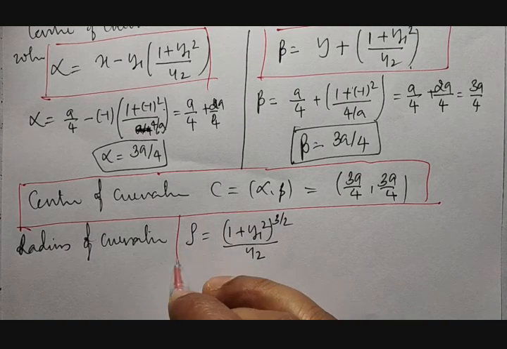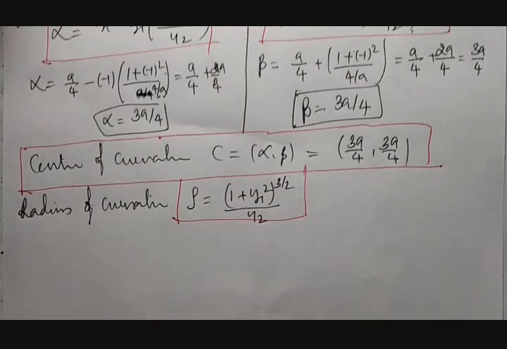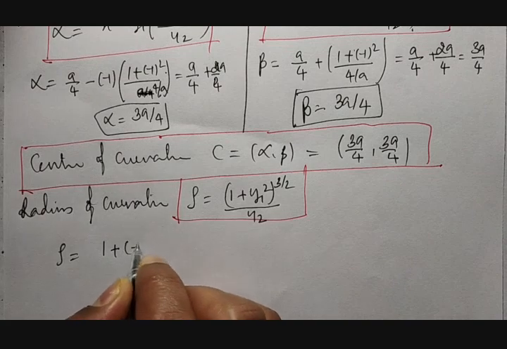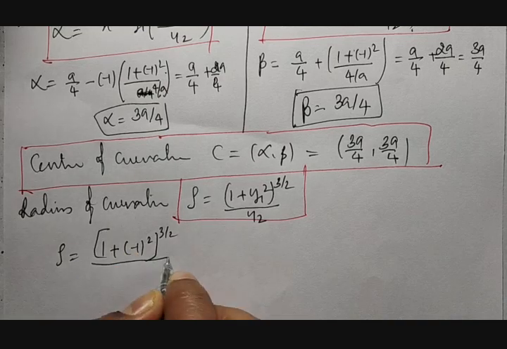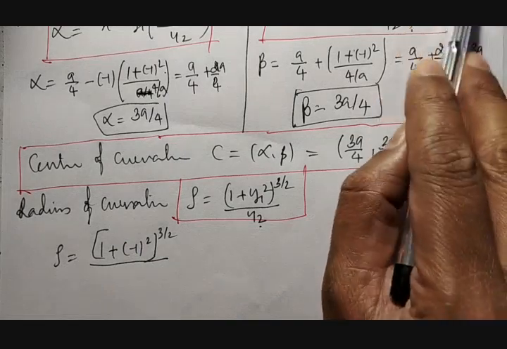The formula. Okay. So let us substitute the values and let us see what it will be. Rho is equal to (1 plus minus 1 square) raised to 3 by 2, that divided by y2. What is y2? 4 by a.